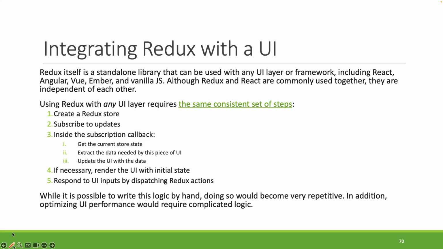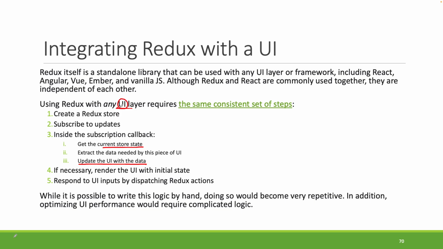So if we want to use Redux with any UI layer, it probably requires some steps like creating a store, subscribing to the updates, and inside the subscription callback function, if you still remember, we have a store.subscribe with a callback function, we probably get the current store state and extract data needed by the piece of UI, then update the UI with the data, because we are connecting with a UI layer now, right?